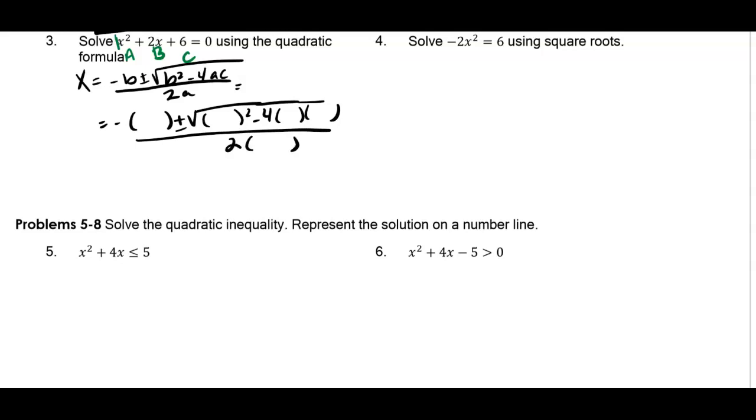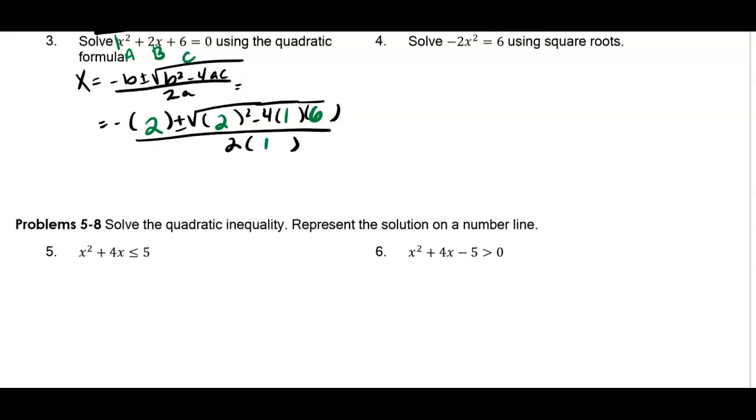And I'm going to fill in my values. So negative b, my b was 2, plus or minus b squared, b was 2, minus 4a, which is an implied 1, c, which is 6, times 2a, which is 1.